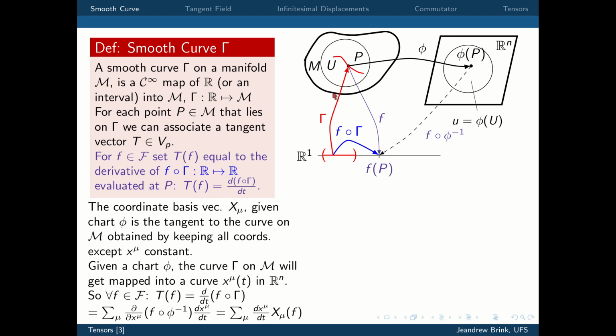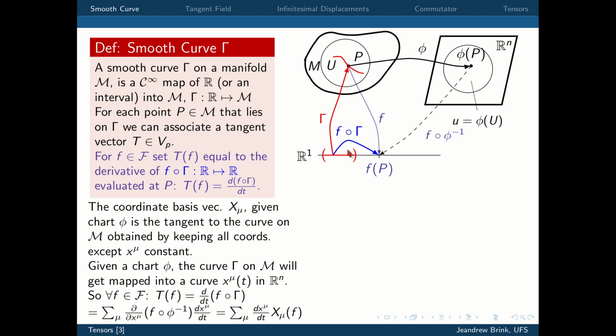Okay, so the result is basically you're mapping reals to reals with this composite function. And even though we do not know what f is, we define our tangent vector to have the same value as how this thing would change as we change the parameter along the curve.